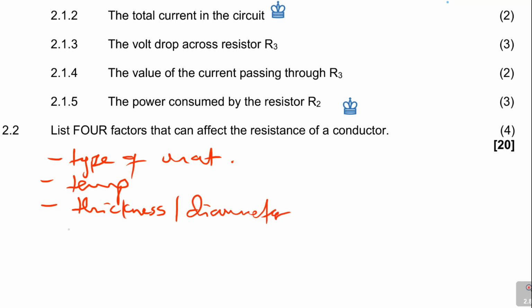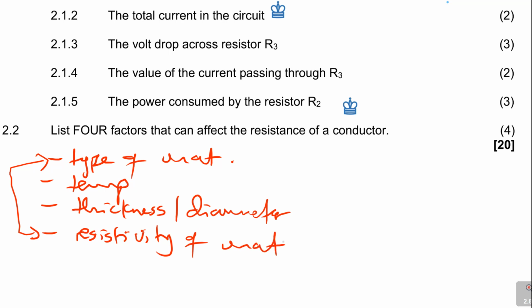How thick your wire is, it will affect. So type of material, temperature, thickness, and resistivity of the material. But I think this can end up being linked to that. Resistivity of material as type of material.